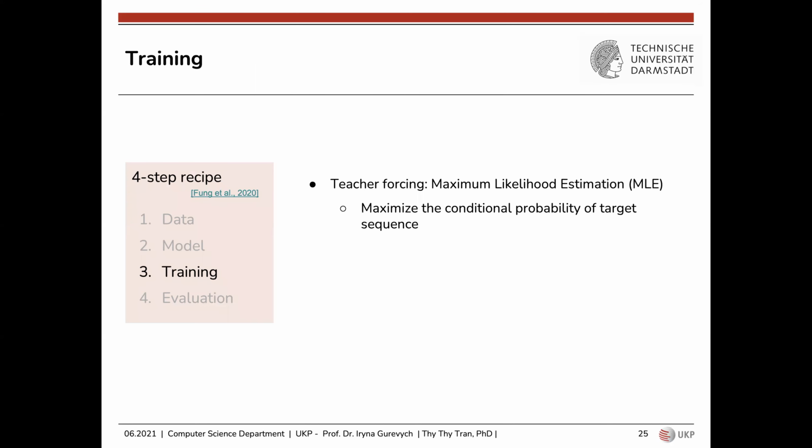In general, the model is trained using maximum likelihood estimation, MLE. MLE encourages the model to maximize the conditional probability of the target text. This is also called teacher forcing training. However, MLE focuses on maximizing the probability of the next token by sharpening the entire probability distribution, instead of minimizing the rank of the next token in a more uniform distribution.